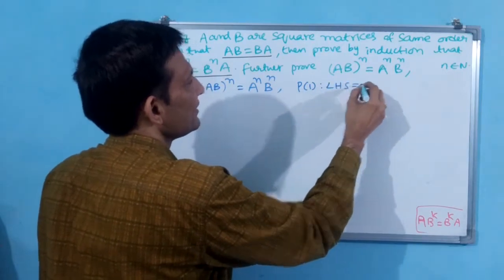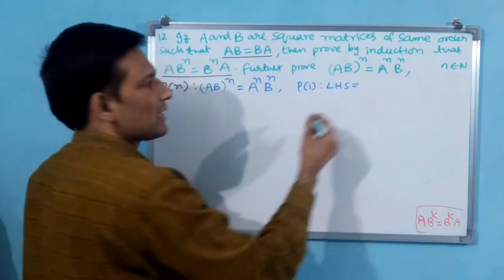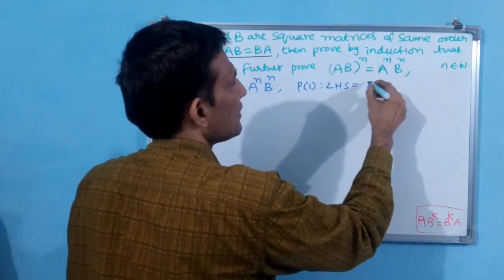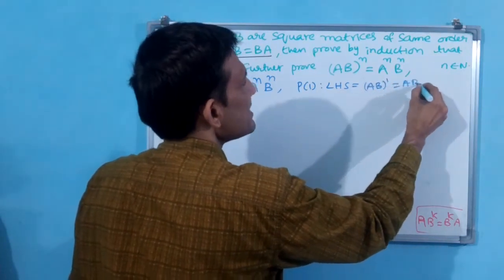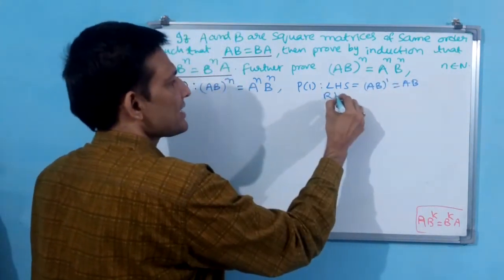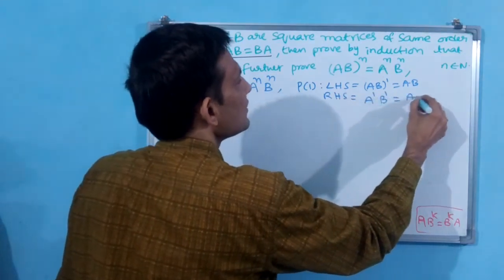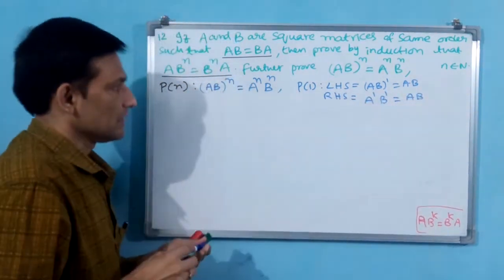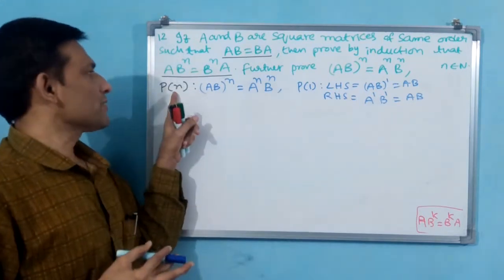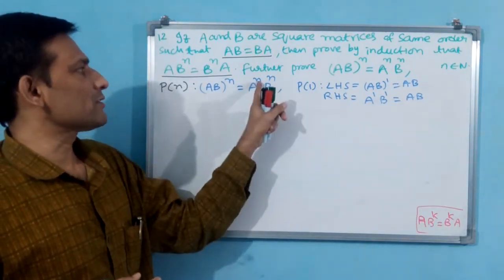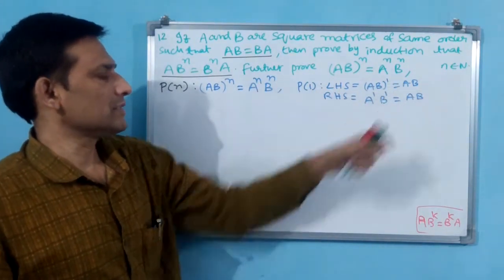LHS is equal to AB whole power 1, that is equal to AB only. Okay. RHS, A power 1, B power 1, that is equal to AB only. You understand? In place of n we have kept 1. That's all.